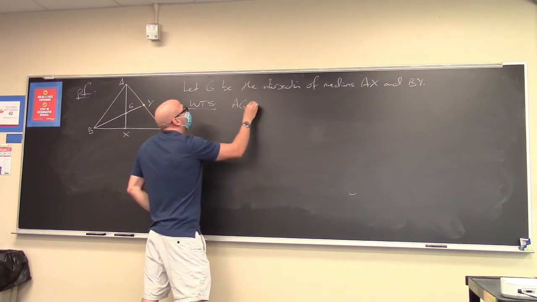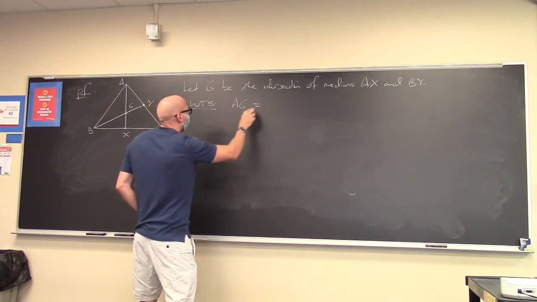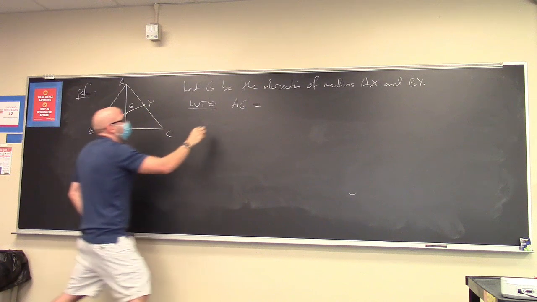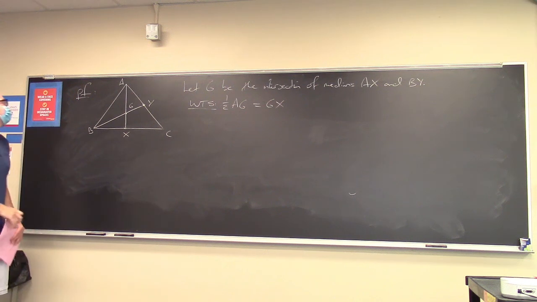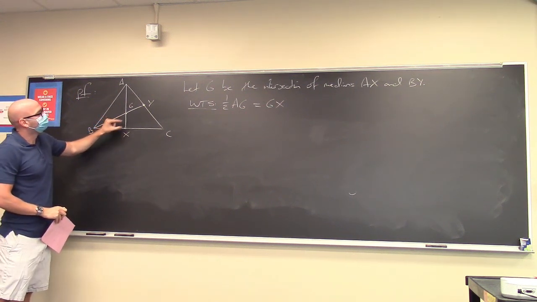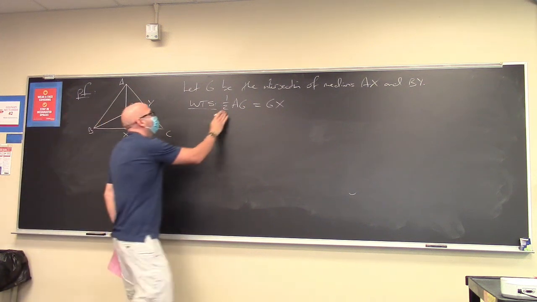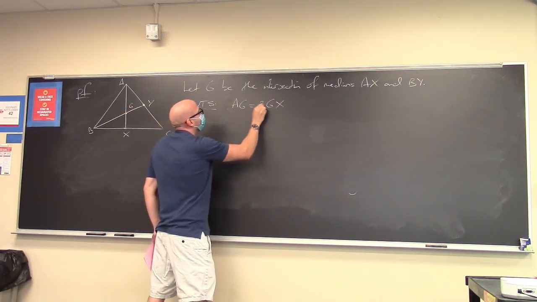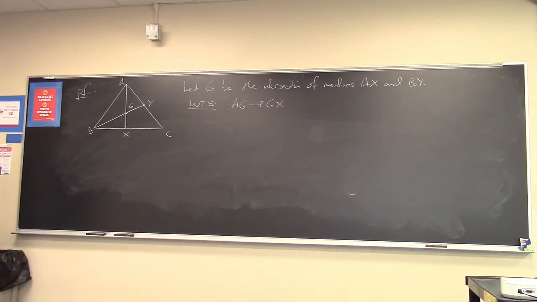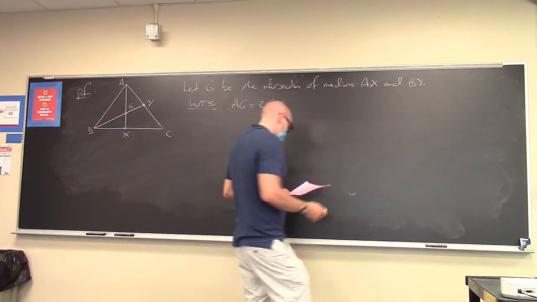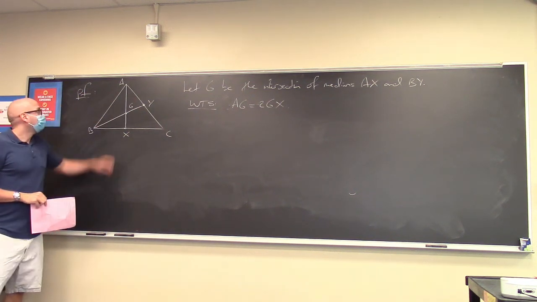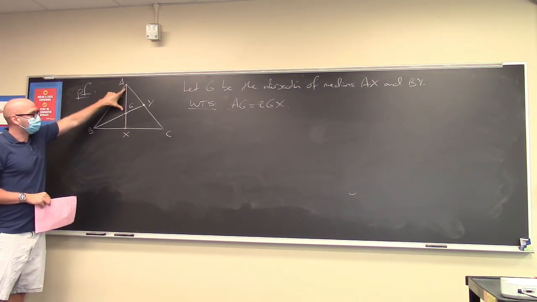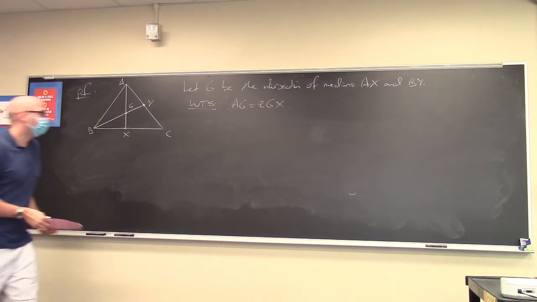So AG is twice as long as GX. But I'm actually not going to show that. I'm going to show that 1/2 AG is GX. Same thing. I suppose it's maybe a bit more clear if you write it this way. It's more obvious to see that that means it's 2/3. We can multiply by 2 at the end. Are you guys okay with that? If I can show that this is twice as long as this guy, then that means it's 2/3 down the whole line. Okay, so that's what I want to show.